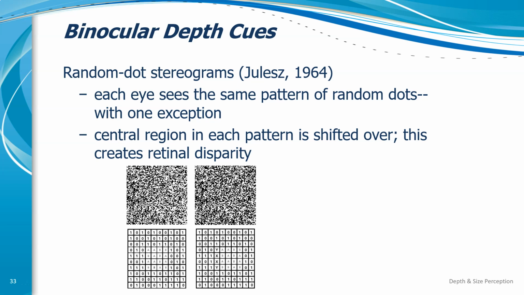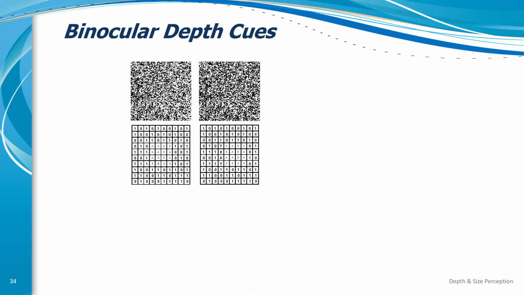Now what you have to do is actually look at these two patterns in a device called a stereogram, and you can't exactly do that by looking at your screen, so you're going to have to take my word for it a little bit. Once these two patterns are shown in this kind of device, what happens is that the central region that has been shifted over seems to kind of pop out from the background and seems to be floating. It induces a three-dimensional effect.